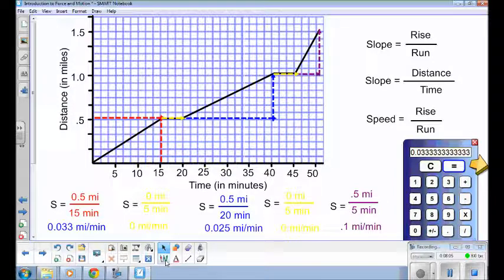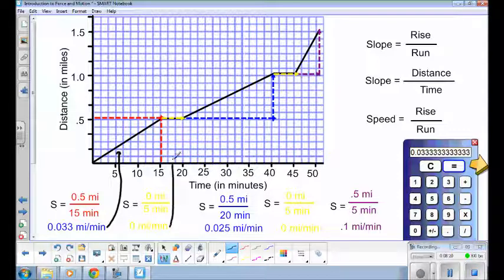So what I'd like to do is just take a minute and compare all of these speeds to the slopes on the graph. You can see here at 0.033 miles per minute, it's going up at a steady pace. At 0 miles per minute, it's not moving at all. The slope is 0.